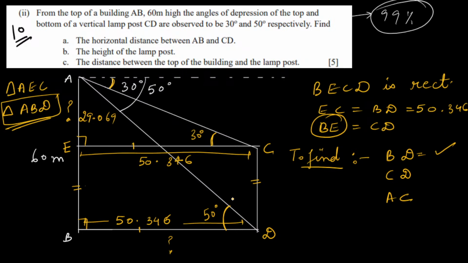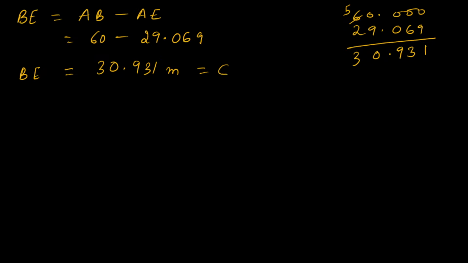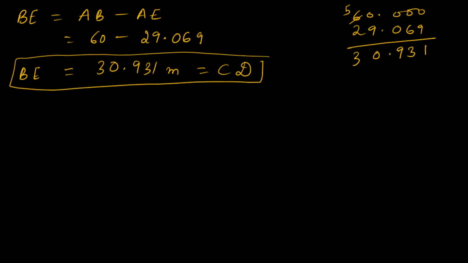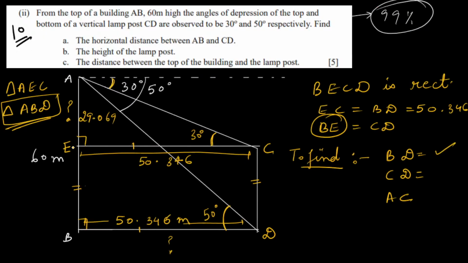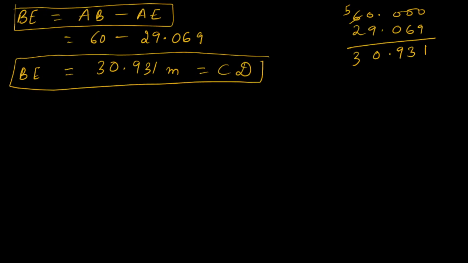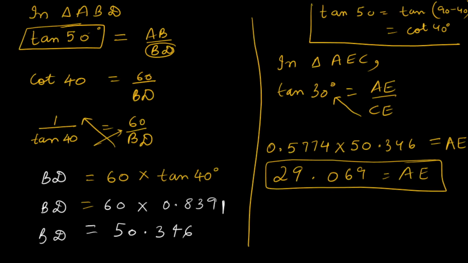So this is the value of CD also, because BE and CD are equal to each other. BE we can find by subtracting AE from AB. Okay, correct.